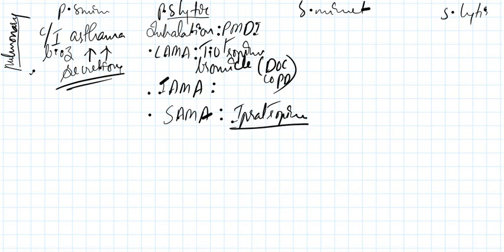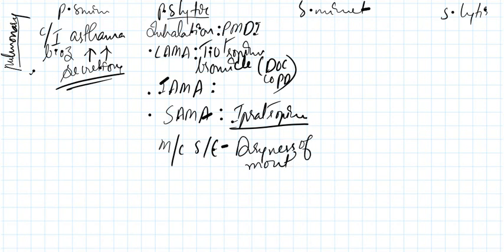Very important drug. Mechanism of action is also very important. Now what is the most common side effect of these parasympatholytic drugs? It is dryness of mouth. Why? Because they are anti-secretory drugs, they decrease the secretions, so obviously they cause dryness of mouth.